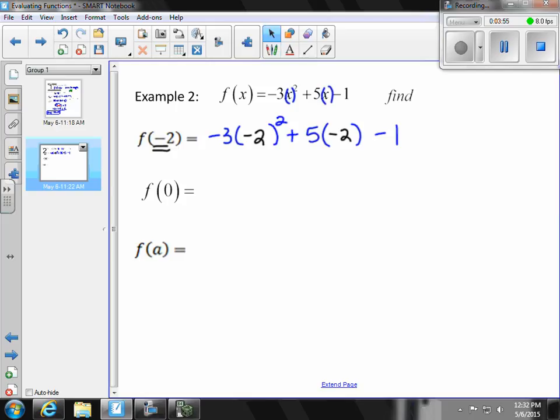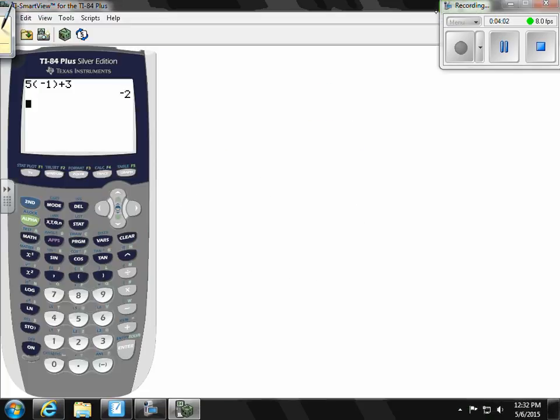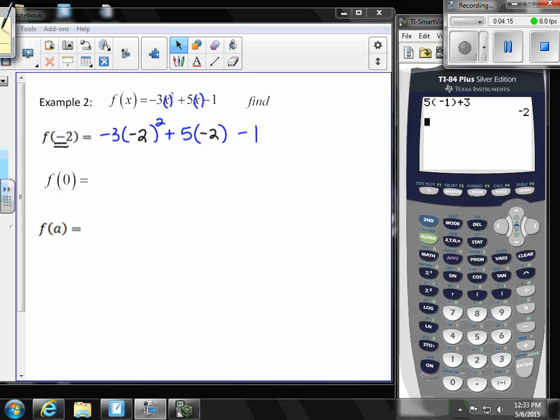On this one, if I bring the calculator back, I have negative 3 parentheses, negative 2 parentheses squared plus 5 parentheses, negative 2 close parenthesis minus 1.